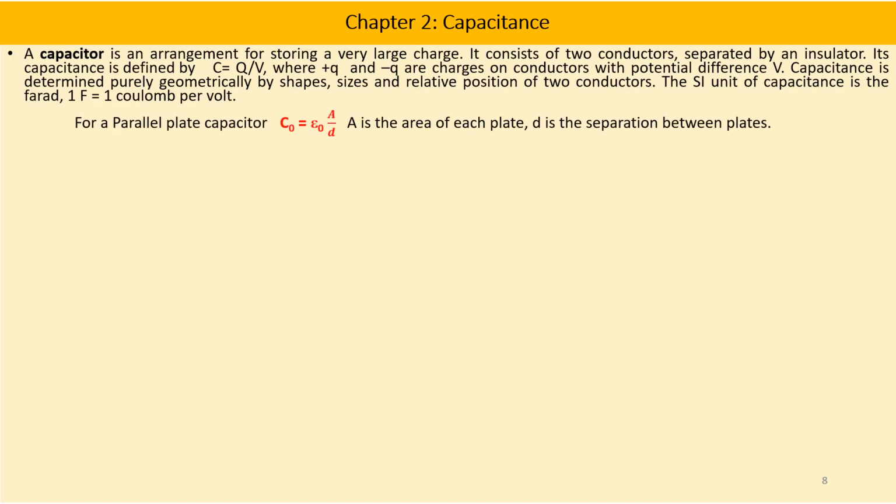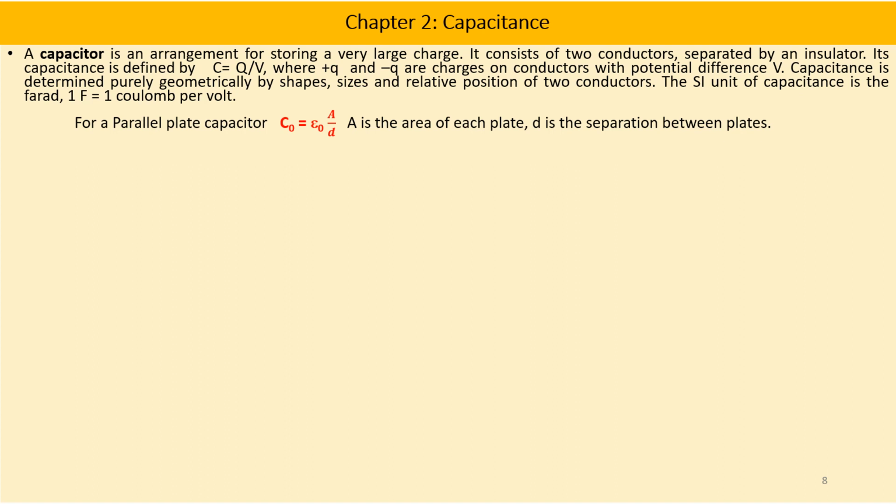Capacitance. A capacitor is a system of two conductors separated by an insulator. Its capacitance is defined by C is equal to Q by V. Here C is the capacitance, Q is the charge and V is the potential, where plus Q and minus Q are charges on the conductors with potential difference V. Capacitance is determined purely geometrically by the shape, size and relative positions of the two conductors.